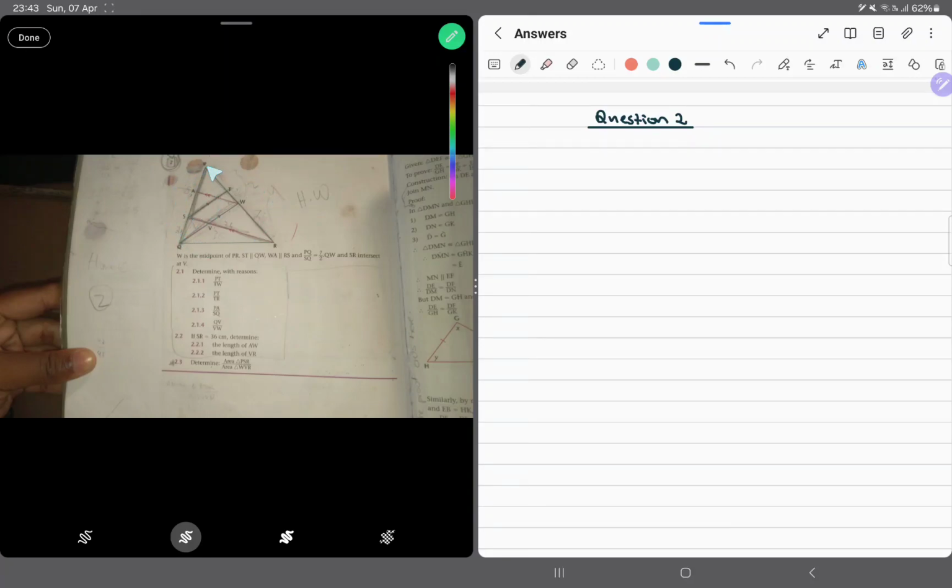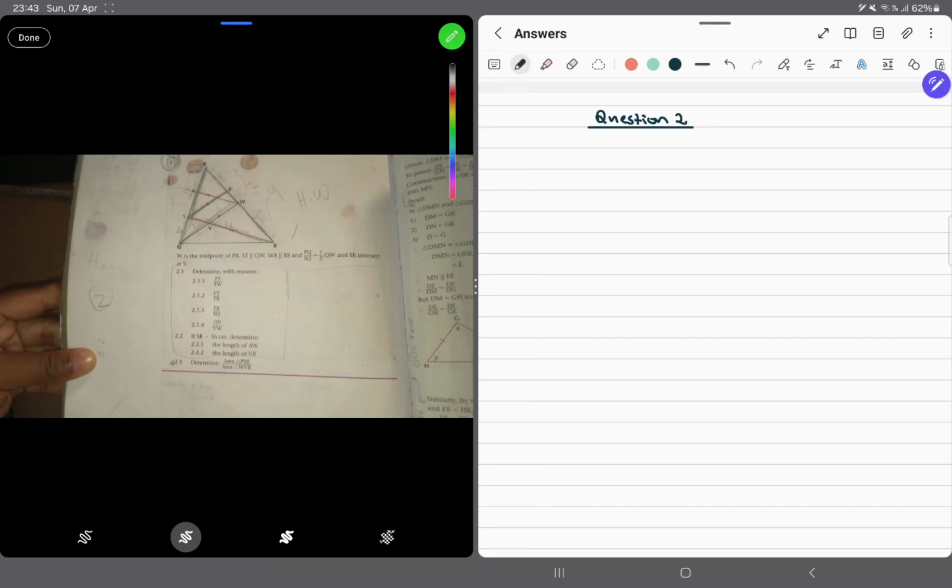We are given a triangle PQR with A on PQ and S on AQ. So this one, no need to explain, you just look at it. Now what do we see? We see that W is the midpoint.